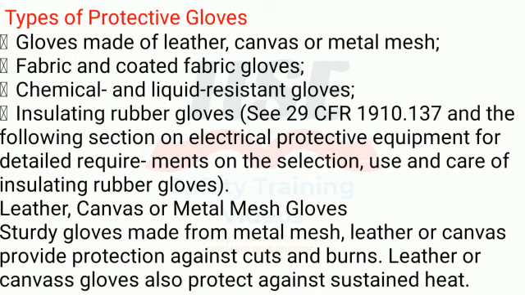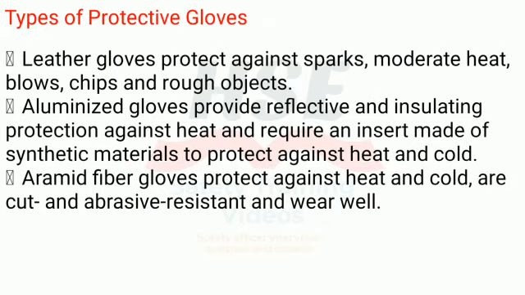Sturdy gloves made from metal mesh, leather or canvas provide protection against cuts and burns. Leather or canvas gloves also protect against sustained heat. Leather gloves protect against sparks, moderate heat, blows, chips and rough objects. Aluminized gloves provide reflective and insulating protection against heat and require an insert made of synthetic materials to protect against heat and cold.